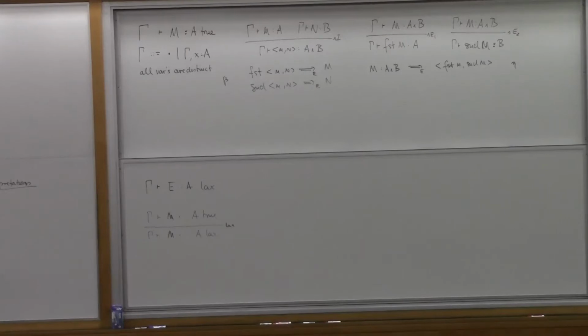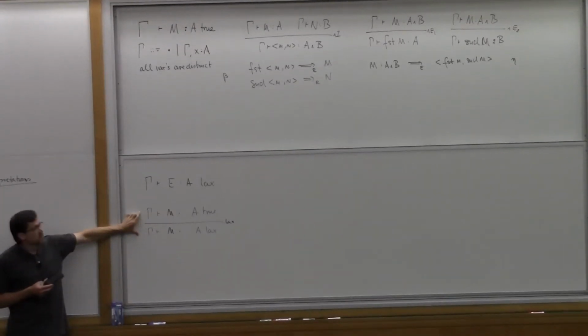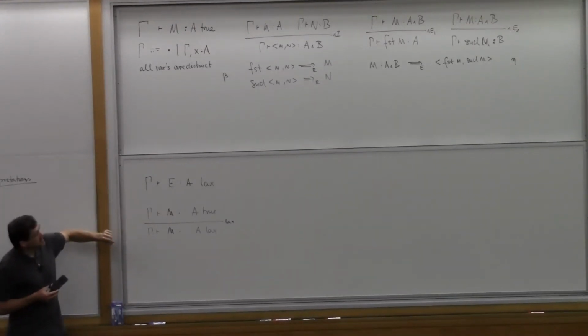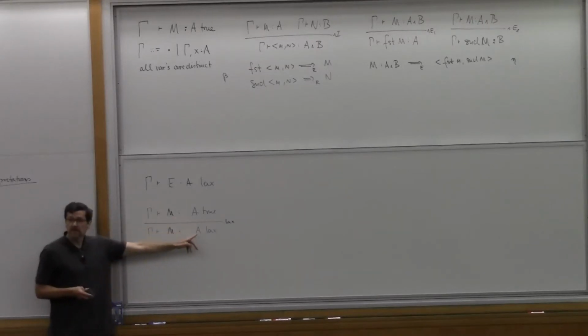Okay. This rule, by the way, is not the kind of rule that we had before. What we've had before are rules that introduce or decompose connectives. An introduction rule introduces a connective, an elimination rule eliminates it. This rule does not have this property, because there's no connective involved. It's only a change of judgment.